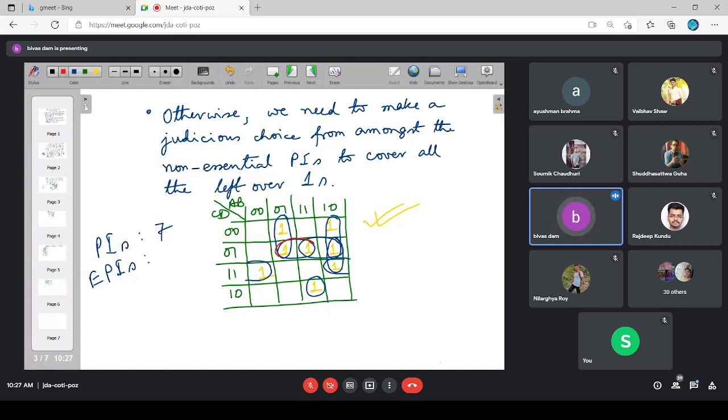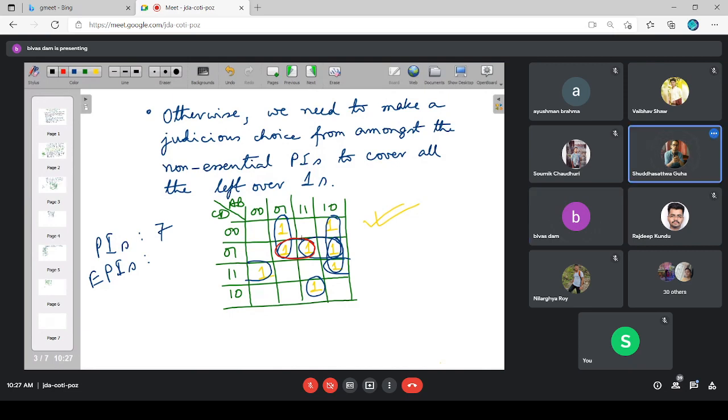Let me go for this particular PI. How many cells are there in that PI? 2, sir. Among these 2 cells, is there any cell which is not being covered by any other PI? No, sir. Both of them are covered. Okay, so that cannot be an essential PI.